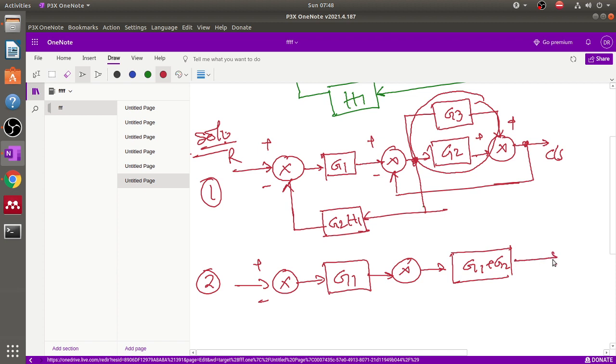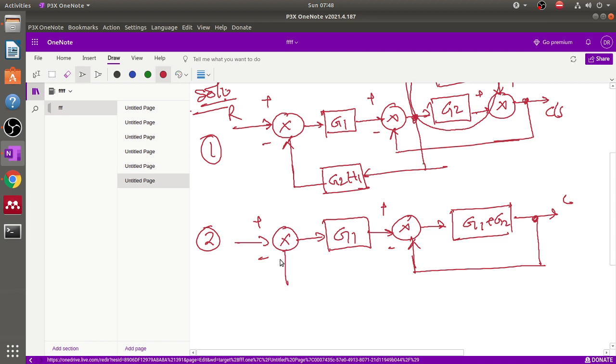This is the output C, and here plus and minus, and this is the output, and there is one feedback present. There is G2 H1, and this output is coming from here.